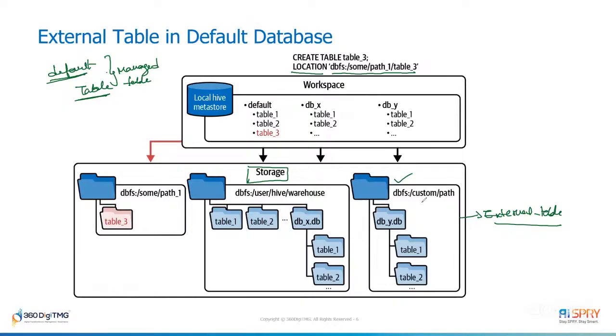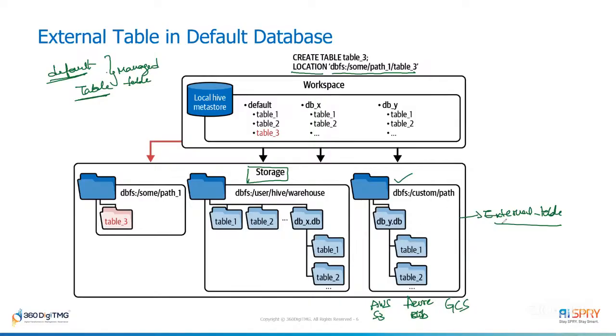You will mention the path, and the table will be created. You can also bring in AWS S3, Azure Blob Storage, Google Cloud Storage as your external locations, and right on top of it, you can create tables.